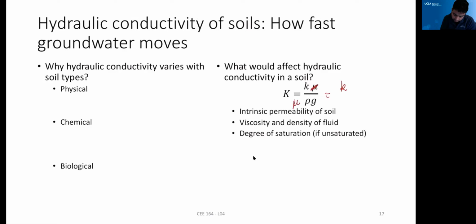That has to be mu here. I'm just going to write the correct one here so that nobody is confused. So this is k over mu. If you see the proportionality, that means if the intrinsic permeability k increases, the hydraulic conductivity increases. If the viscosity decreases, the hydraulic conductivity will increase.